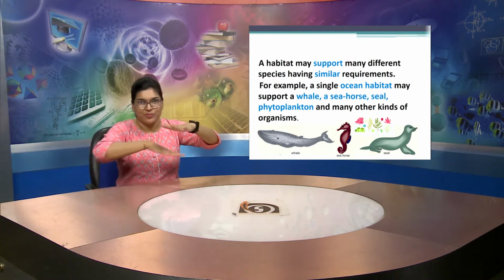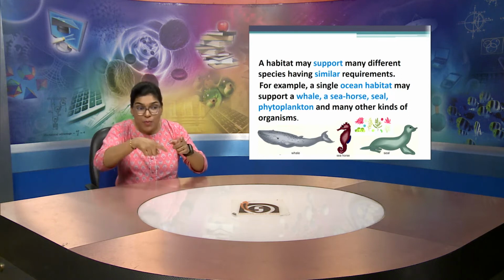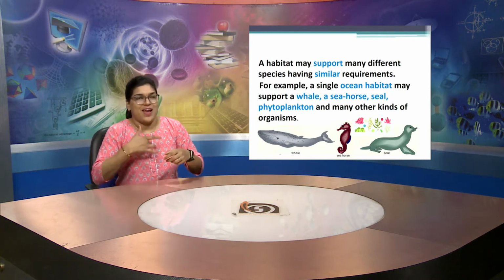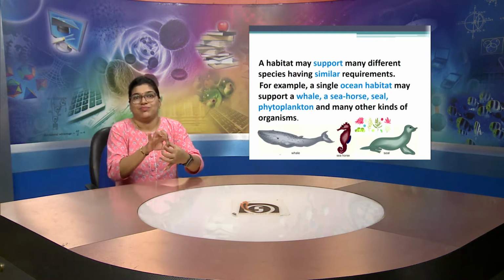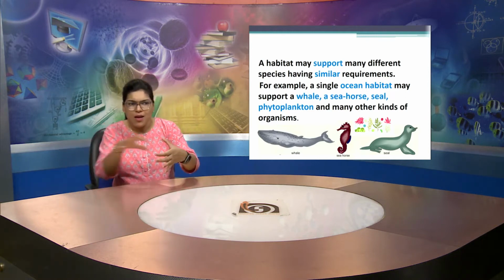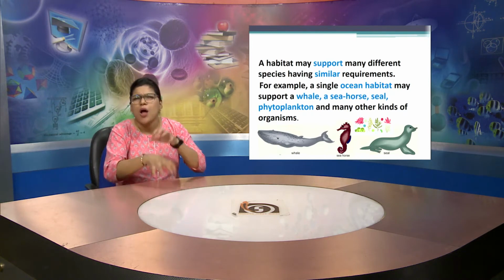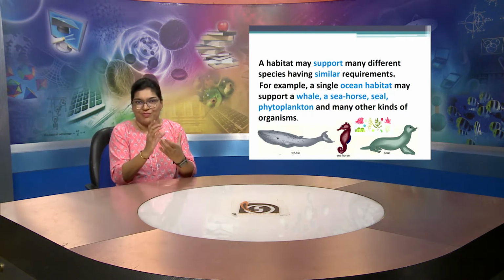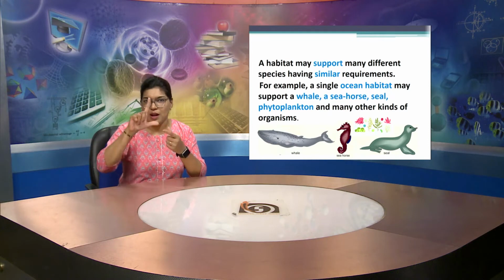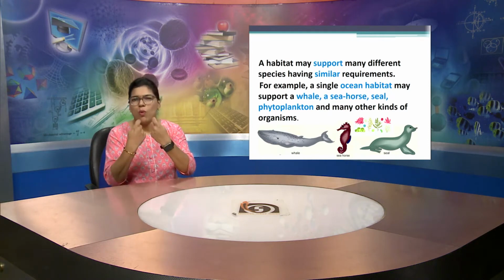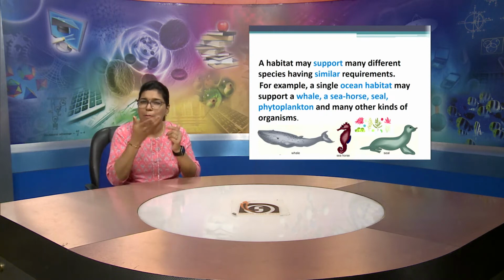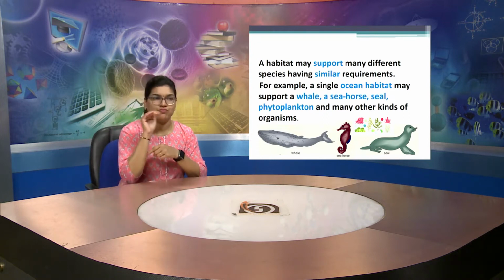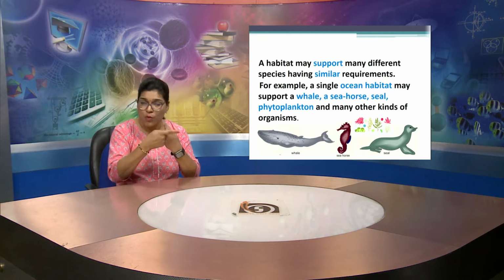A habitat may support many different species having similar requirements. For example, a single ocean habitat may support a whale. You know, a whale is a big fish. Or a seahorse. A seahorse is a small animal. It's a small water animal you must have seen.